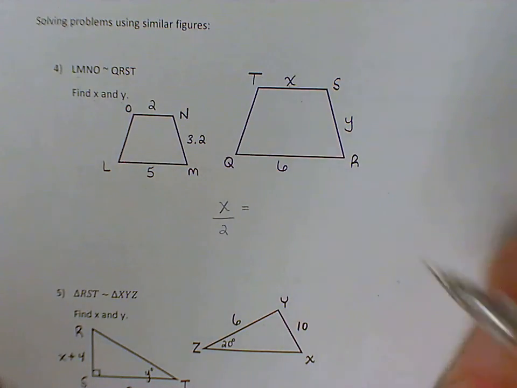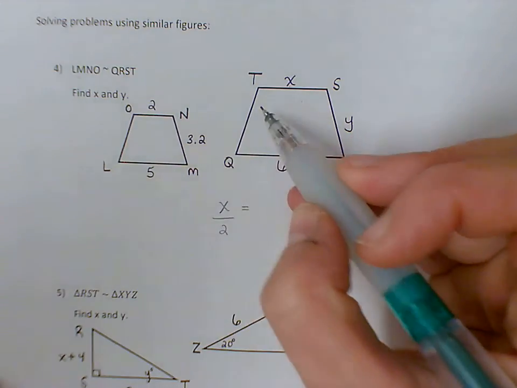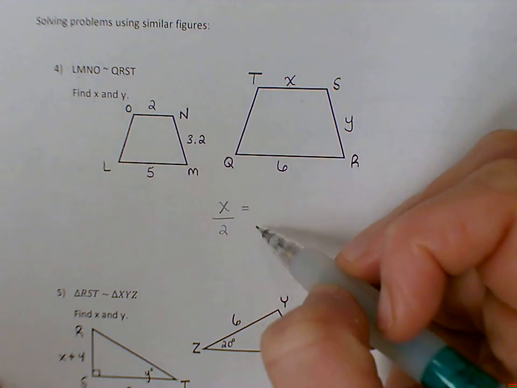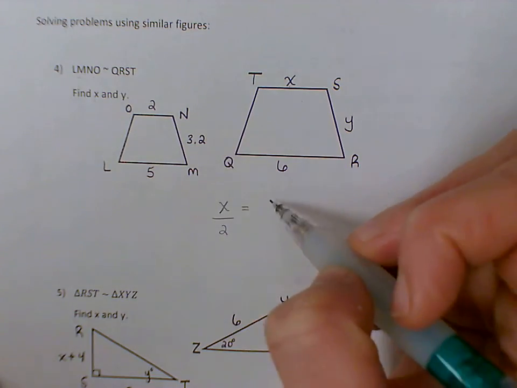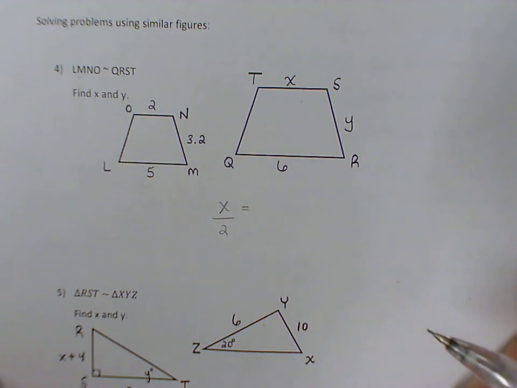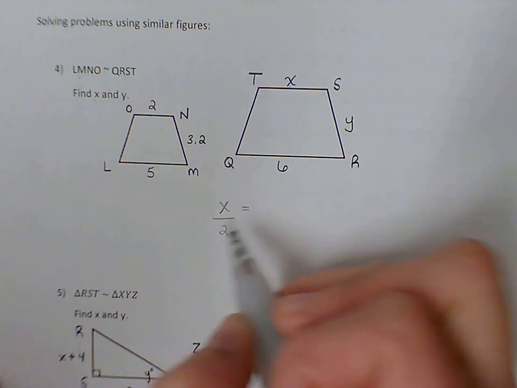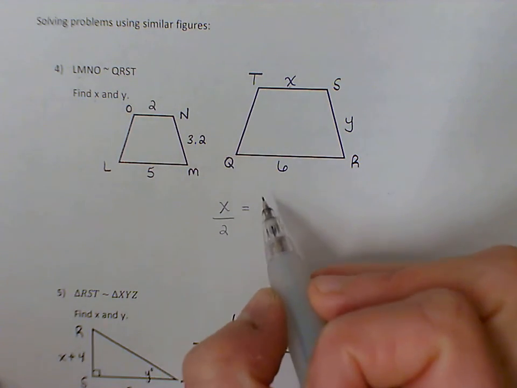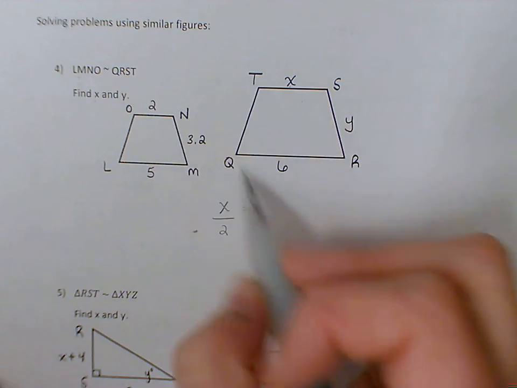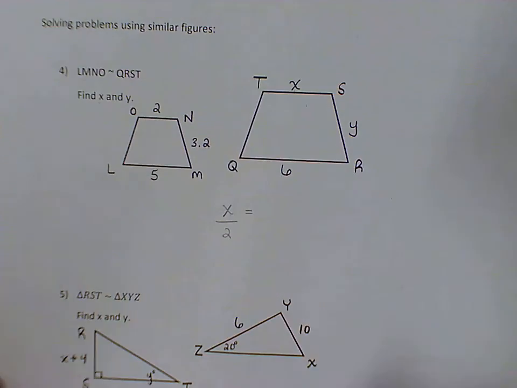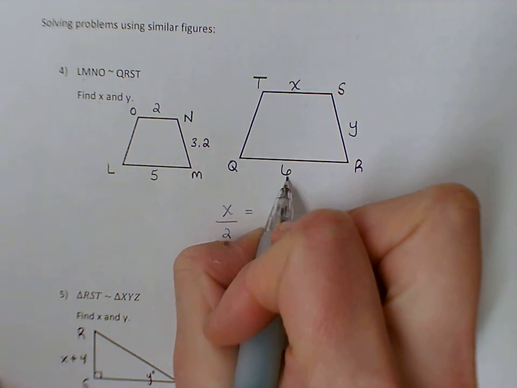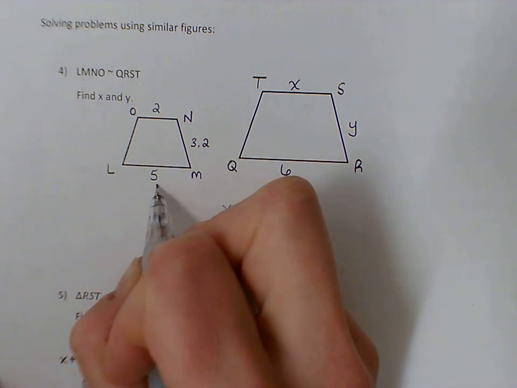So what I'm going to have to do is look at other parts of my figures and see if there's another fraction I can set it equal to where I can actually solve it like I do regular proportions. So if you look, in this figure, which is the one I started with, so make sure you're consistent, I have a 6 in there. And notice that actually corresponds with that one.